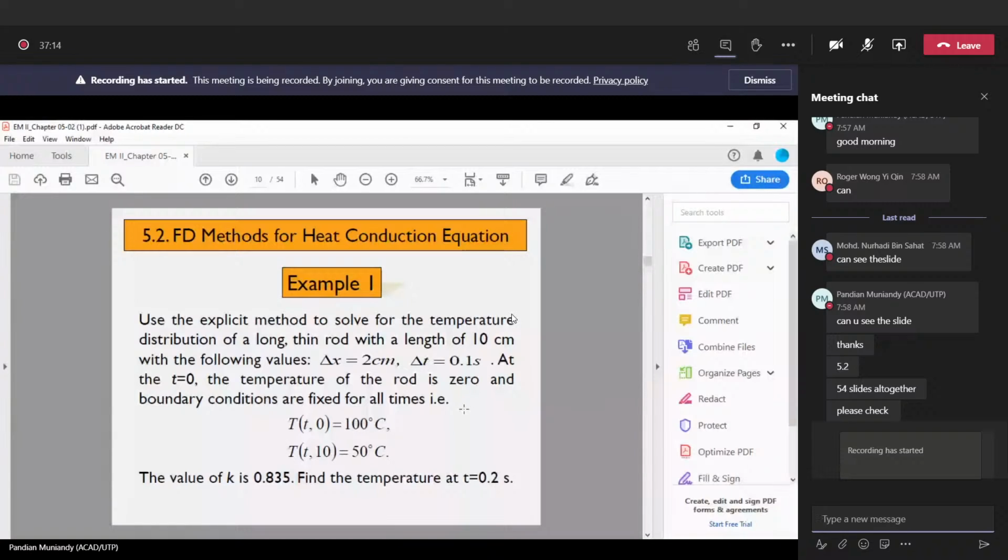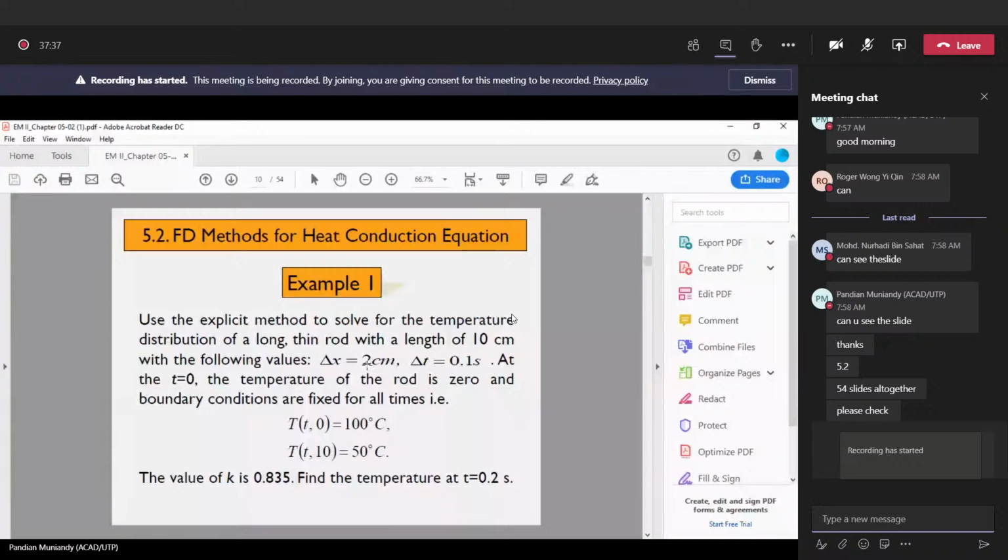So this rod is 10 cm. Del X is 2 cm. That means 0, 2, 4, 6, 8, and 10. So when X0, that means your length is 0, then you move to X2, then 4, 6, 8, 10.